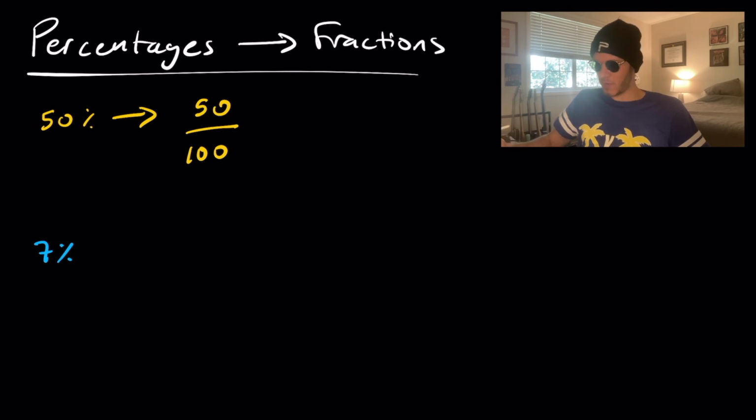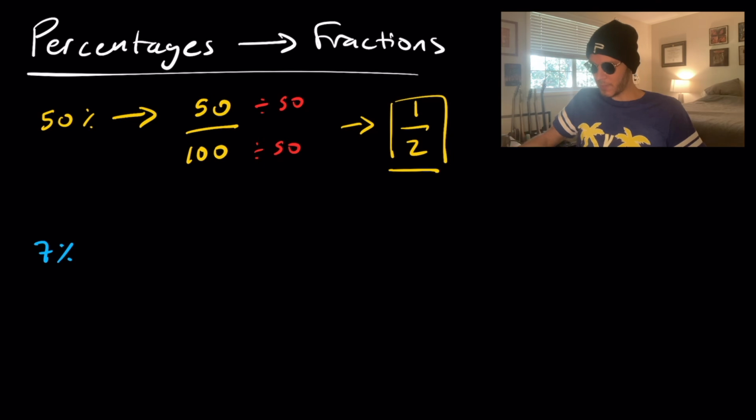You could write this and be correct, but typically you're going to want to reduce and simplify your fractions if you can. So I see here that I can divide both the numerator and denominator by 50, and I will get 1/2. So 50% converted into a fraction in simplest form is going to be 1/2.